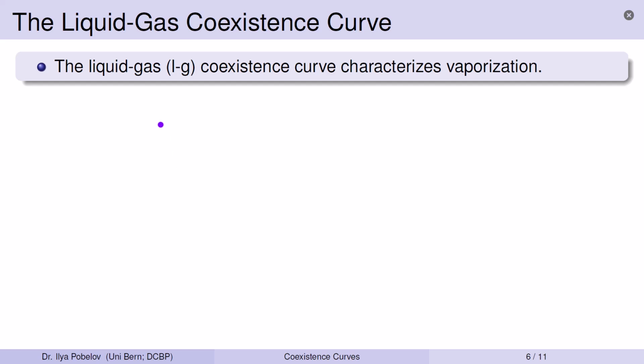Now we move on to the liquid-gas coexistence curve, which essentially characterizes the process of vaporization. As in the case of solid-liquid coexistence, there is a relationship between pressure and temperature during the phase transition. However, this relationship differs due to inherent characteristics of gases.